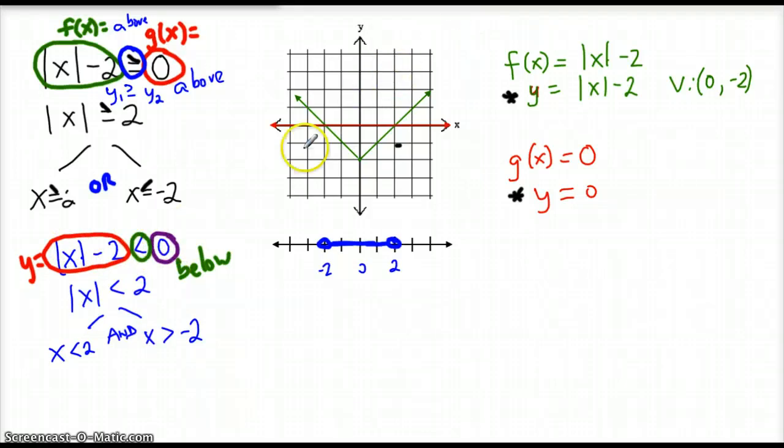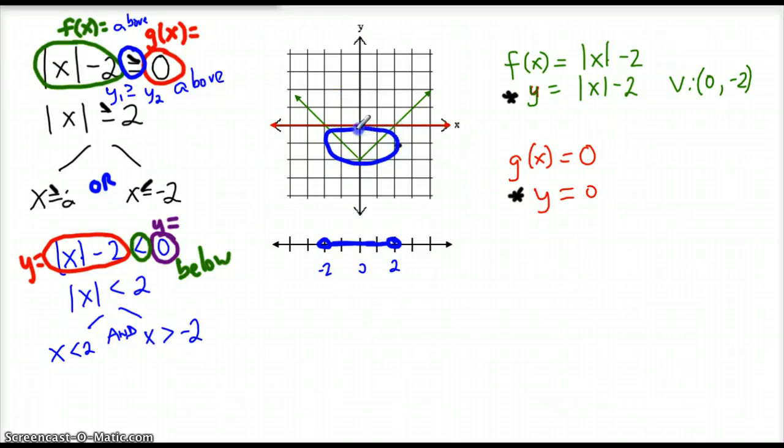Where is that? I should have kept green here and red here. I messed up that way to keep it correct. But let's go. Well, where is it below? It's below the V graph.